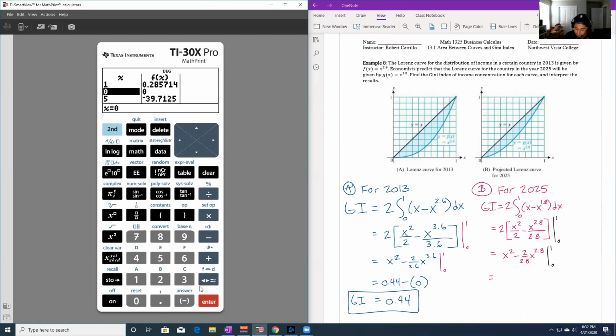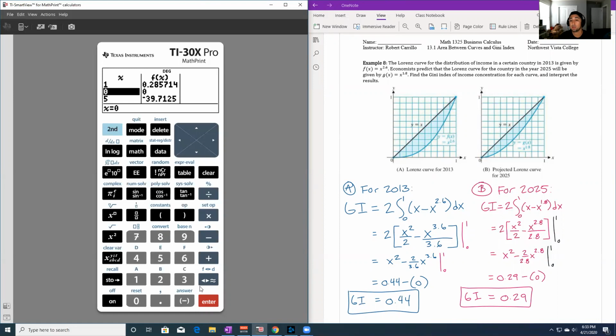You get 0.29. Minus, type in 0, you get 0. So the Gini Index for 2025 will be 0.29.